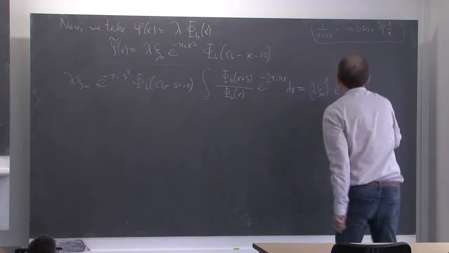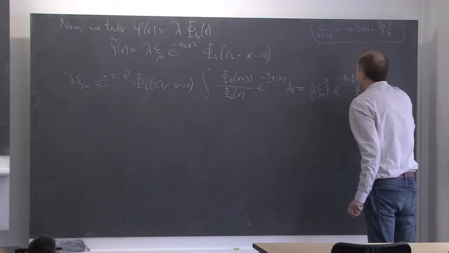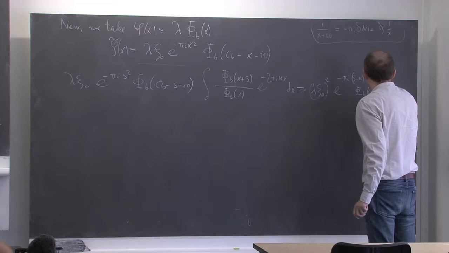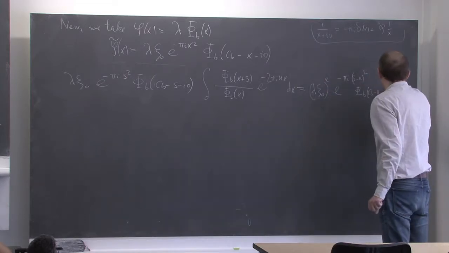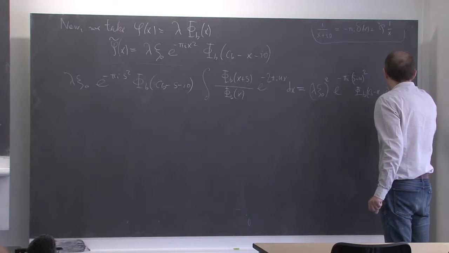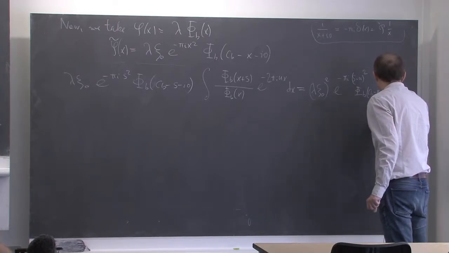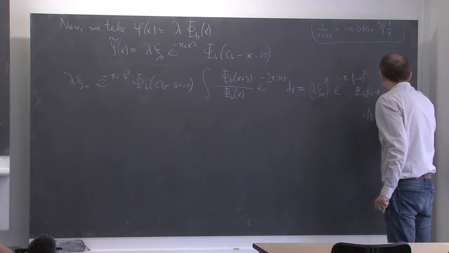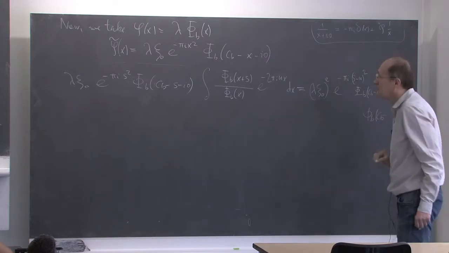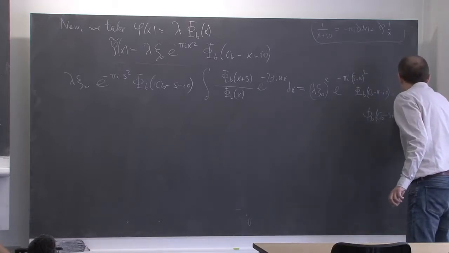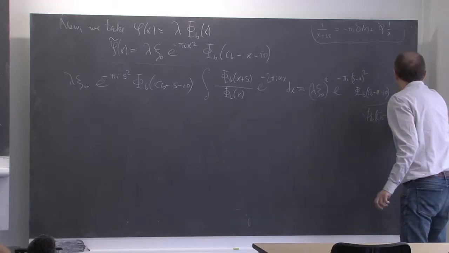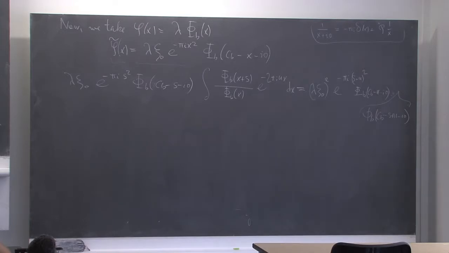And the product of two phi b functions, phi b of c_b minus u minus i0, and there is not enough space, phi b of c_b minus s plus u minus i0. Okay, so we get this identity.